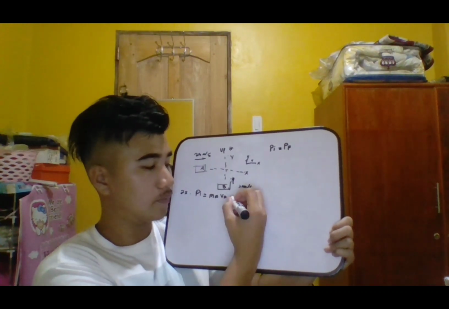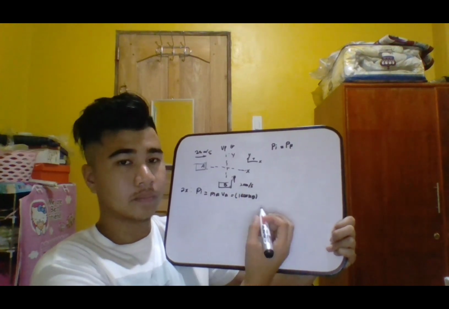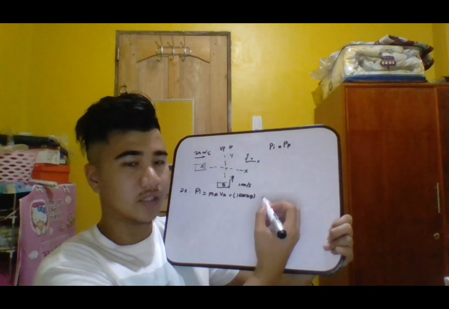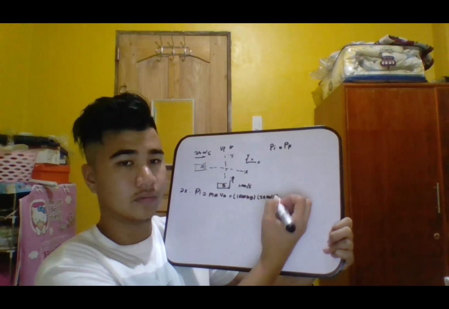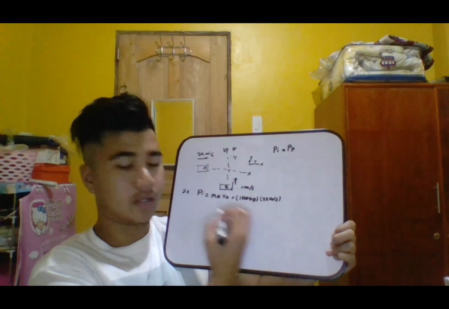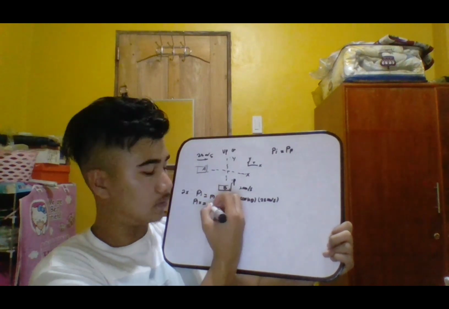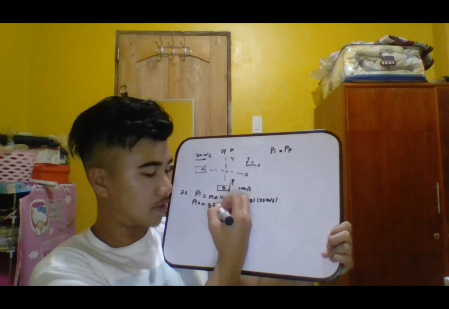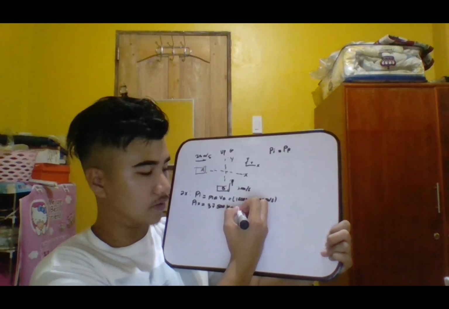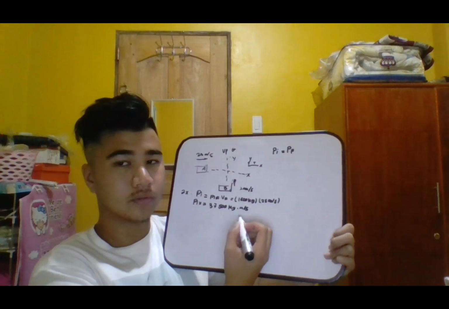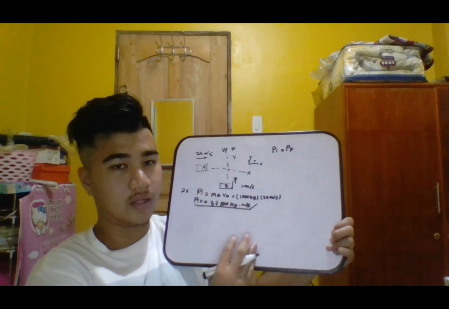We have 1,500 kilograms. Nung kanyang initial velocity, ilagay lang natin as initial na 25 meter per second. Initial momentum at x is equal to 37,500 kilogram meter per second. So, ito na yung ating initial momentum at x.